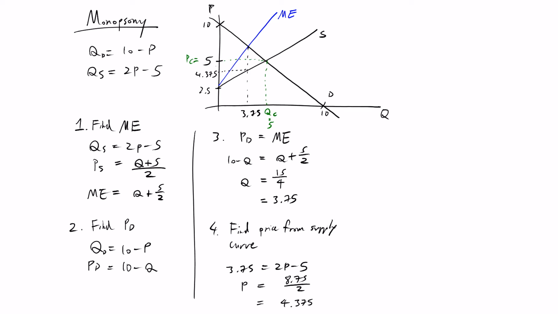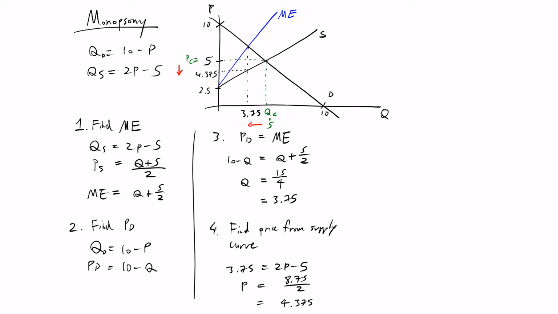So compared to the competitive market, monopsony would result in lower salary and fewer people hired, which is expected. That's the whole point. The employer is trying to save money by hiring only the cheap workers.